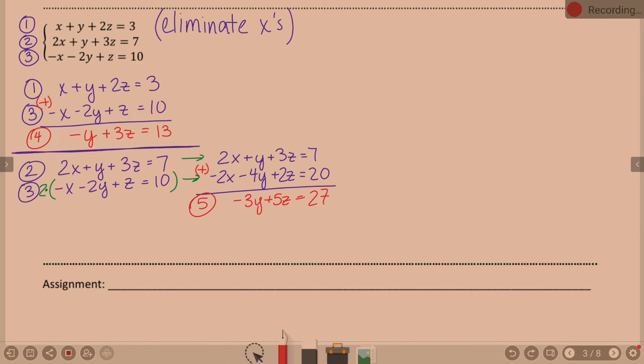So it took an extra step there at the beginning, didn't it? Yes. You won't always get neat eliminations. That's fine. So I'm going to bring equation 4 up here and equation 5 up here because I want to be able to see them next to each other so I can figure out where I'm going next. 4 is negative y plus 3z equals 13.